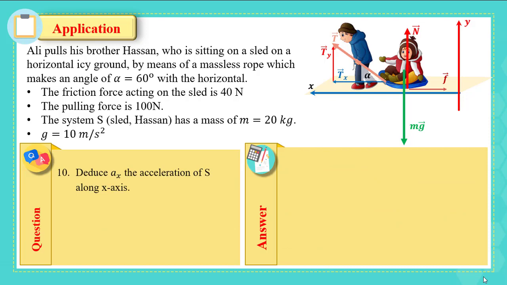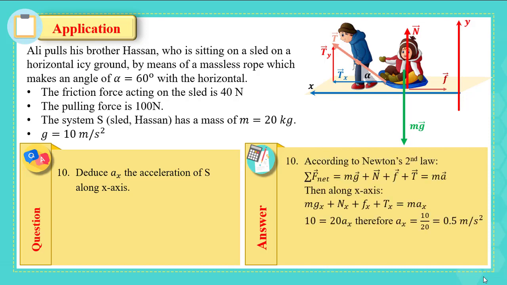Question 10. Deduce the acceleration along x of S. Again, the question is deduce. We have just mentioned that the forces along x-axis are unbalanced. Then, according to Newton's second law, the sum of forces equals mg vector plus N vector plus f vector plus T vector equals m a vector.